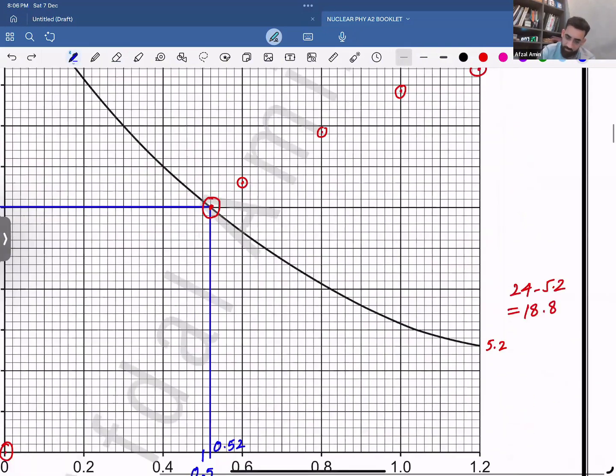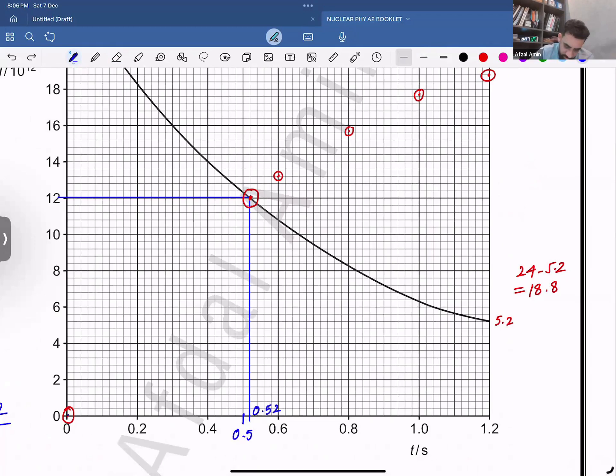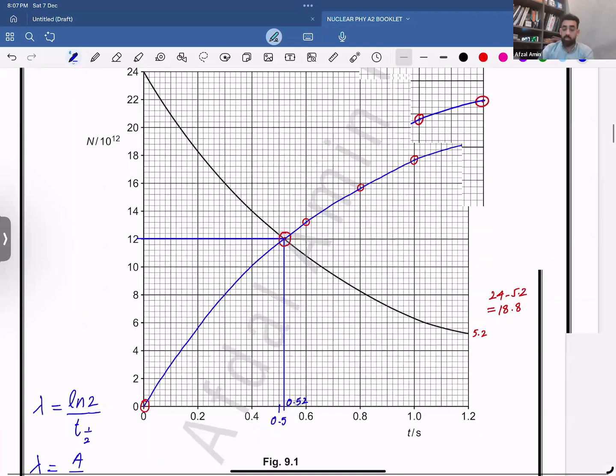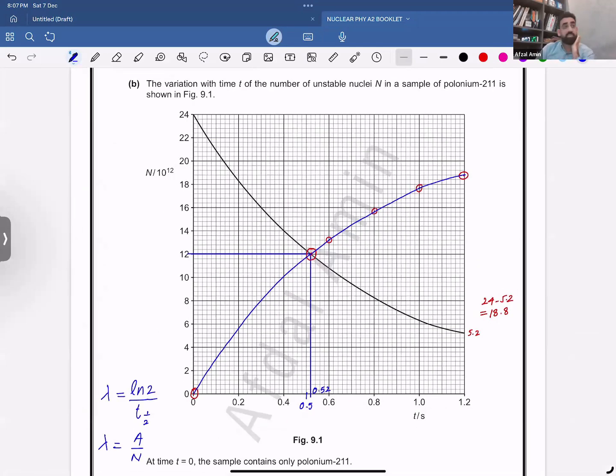I know what to do. Okay, this is for the decay product, my dear students. Make sense? They should be symmetric about the 50%.